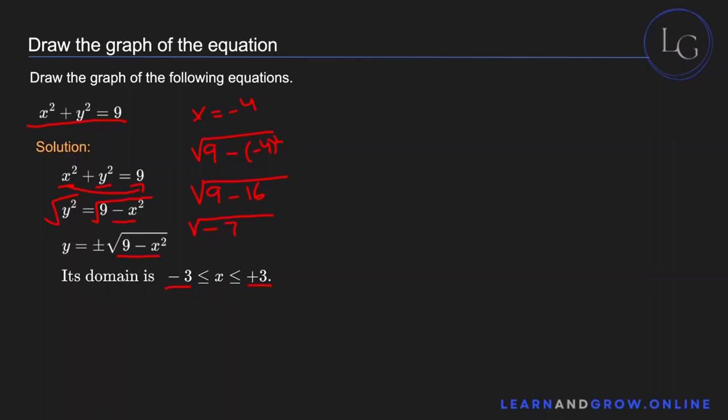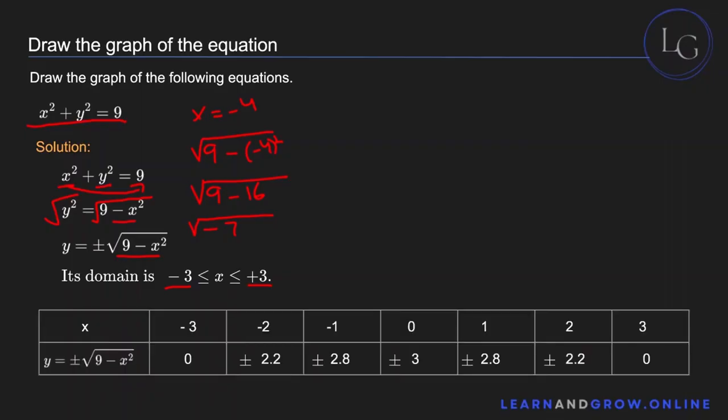So the real domain of this function lies between positive 3 and negative 3. So you have to input individual integers between negative 3 and positive 3 into this equation. When x is equal to negative 3, the y value is 0, and so on and so forth.